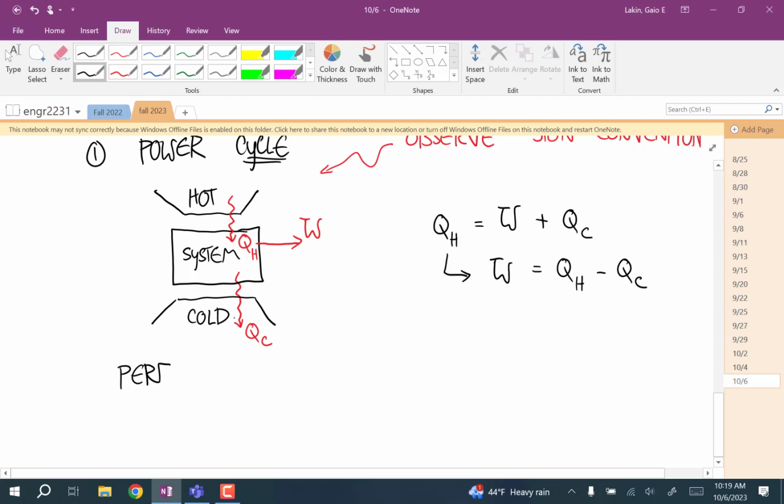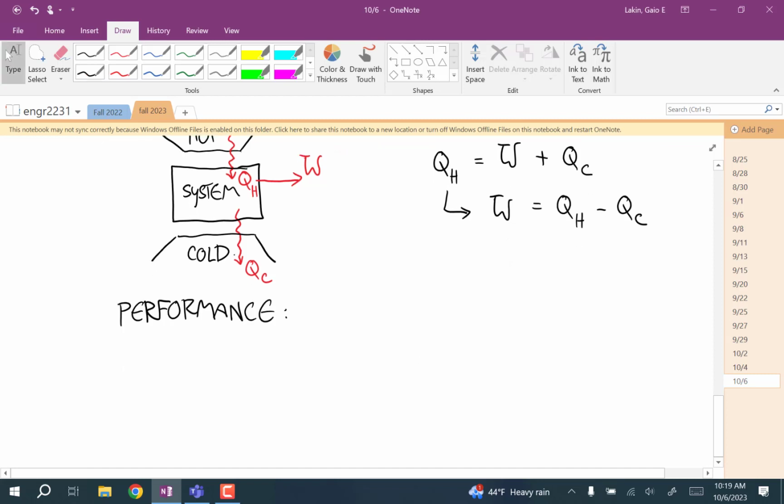Then to analyze the performance of a power cycle, all of these performance measures are going to be a ratio of the thing you're trying to produce divided by the thing that you're adding to get that. So what we want in a power cycle is as much work as possible.